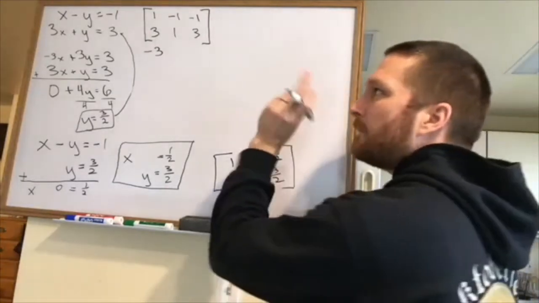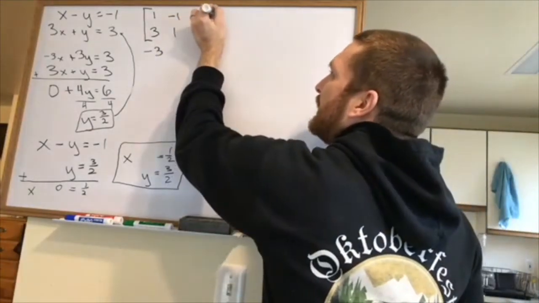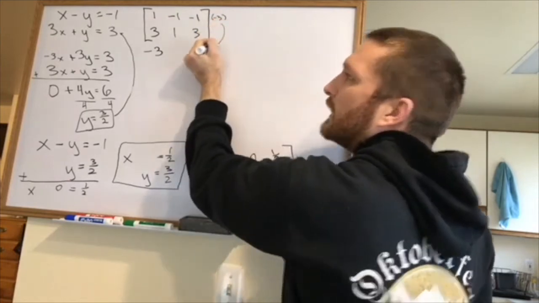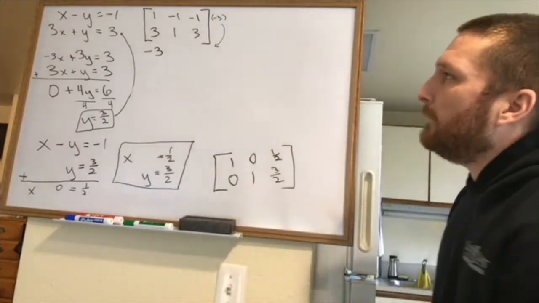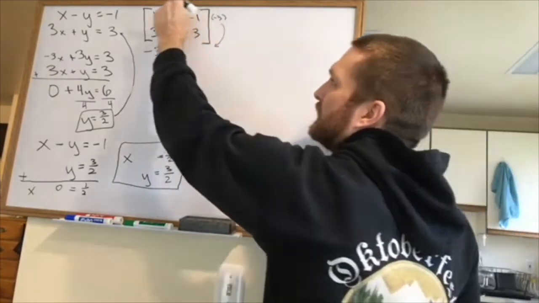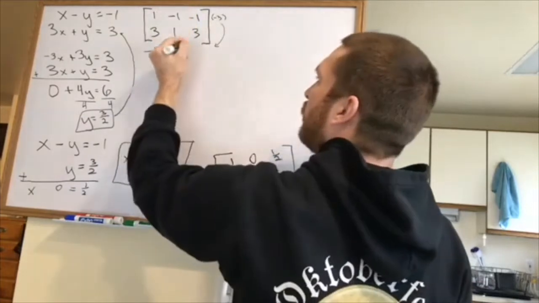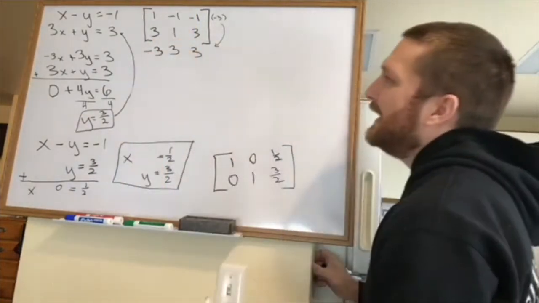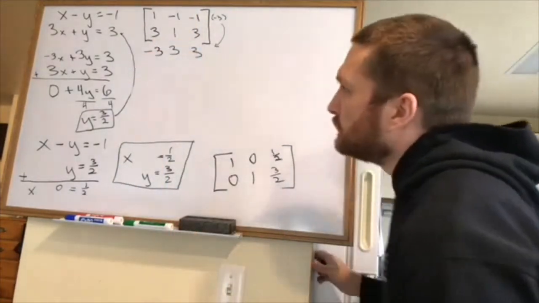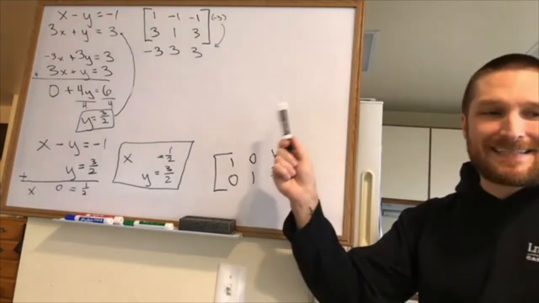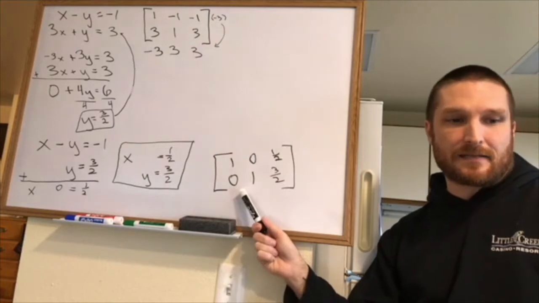So basically what I'm doing here is I'm taking negative 3 times this top row, and I'm just going to write it right here. Negative 3 times a negative 1 is a positive 3. Negative 3 times a negative 1 is a positive 3. And I know why I did that. It was to get a 0 in this place.